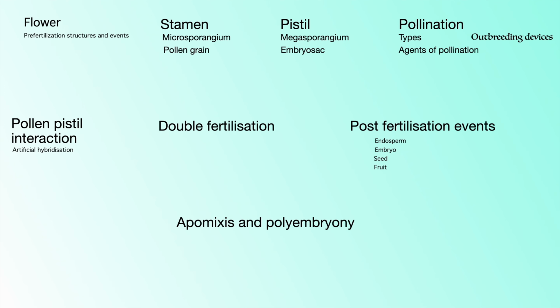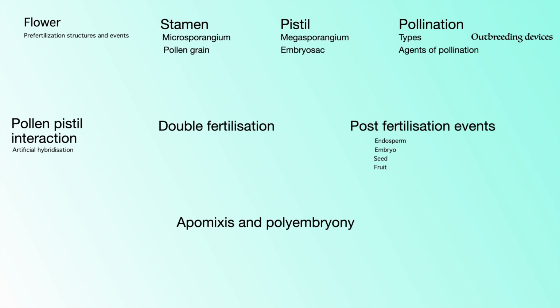But in some species, a diploid egg cell is formed, and without reduction division, it develops into an embryo. So, there is no requirement of fertilization.